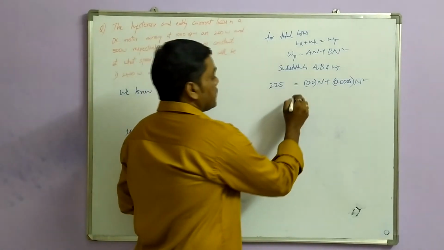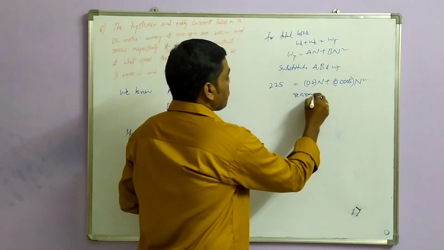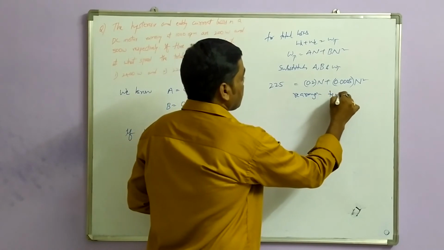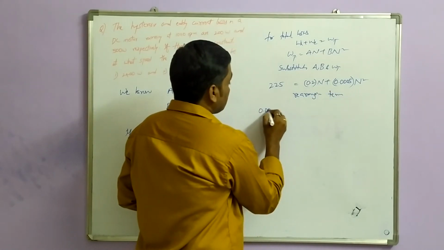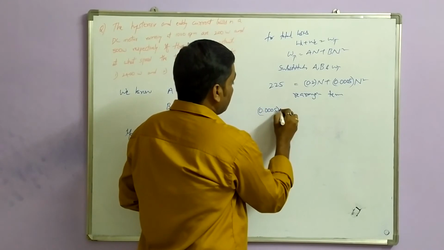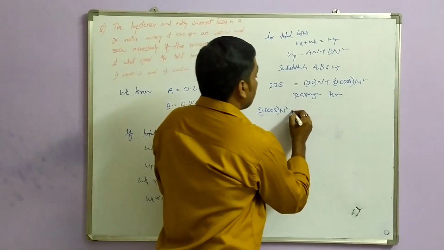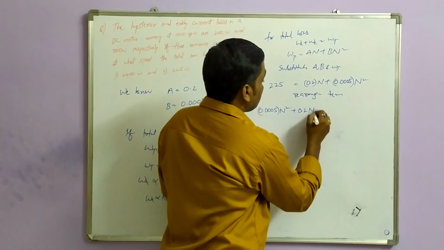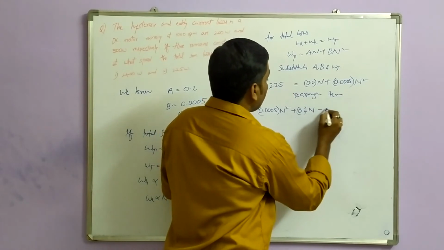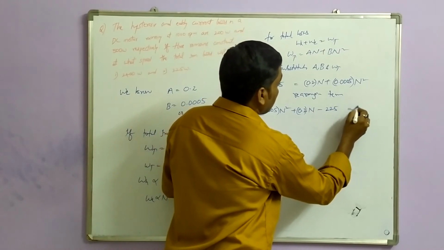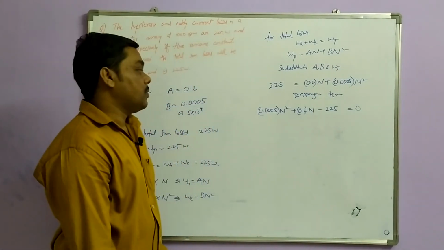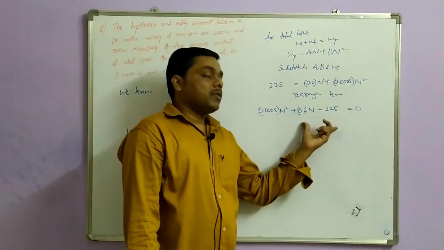So just rearrange these terms: 0.0005 into n square plus 0.2 into n minus 225 equal to 0. Now this is a perfect quadratic equation.